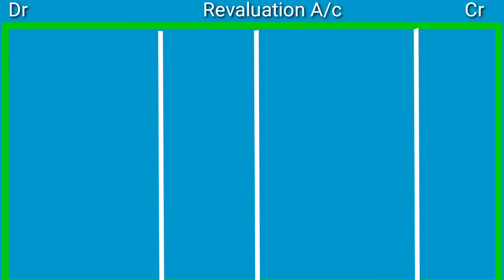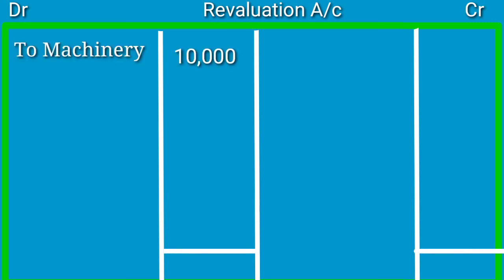Okay. Now we can go through the journal entries and record the transactions into the revaluation account. The first transaction is revaluation account debtor to machinery account. Machinery value is decreasing, so we debit the revaluation account, to machinery 10,000. Second one, building account debtor to revaluation account. Building amount is increasing, that means profit, so we record on the credit side, by building 20,000.